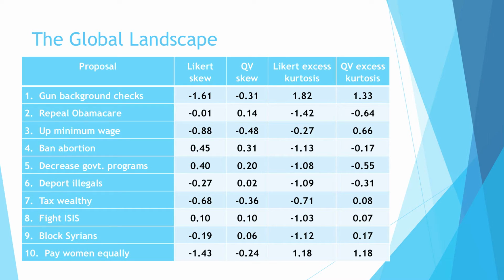And excess kurtosis gives you an idea of the tails of the curve and if they look like a normal distribution. So an excess kurtosis value of 0 is something that is a perfect normal distribution. And you'll see here that these QV excess kurtoses are much closer to 0 in absolute value in almost all cases.